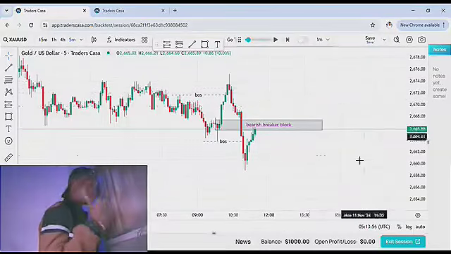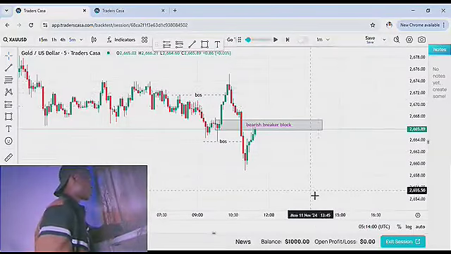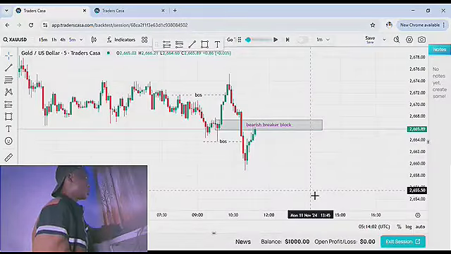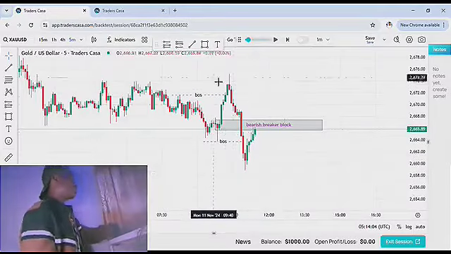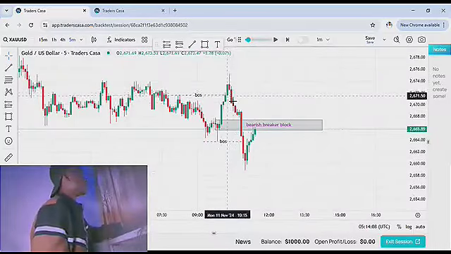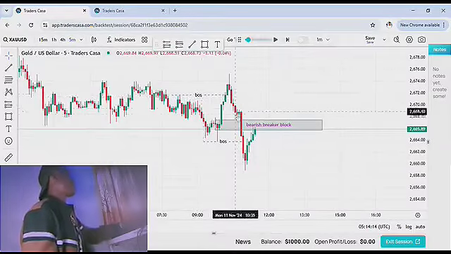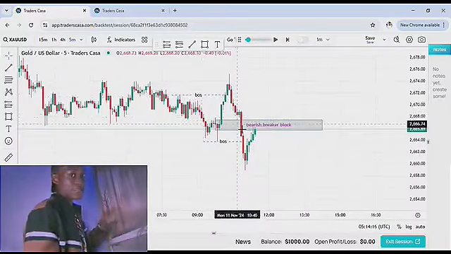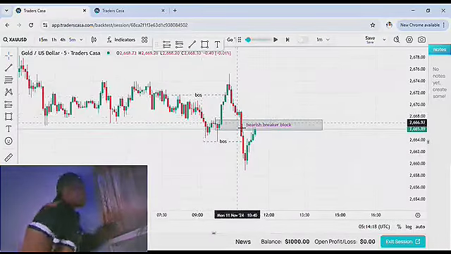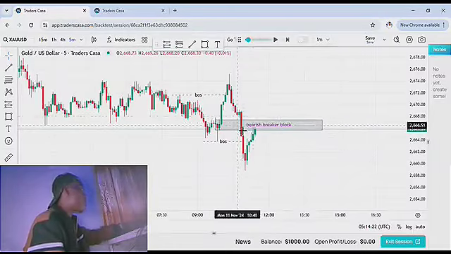Remember what you have to confirm if this is really a breaker block. See, this was another block because it broke a structure here. So we were expecting it to respect this other block right here, but it didn't. Guess what? It didn't. It just broke it massively.